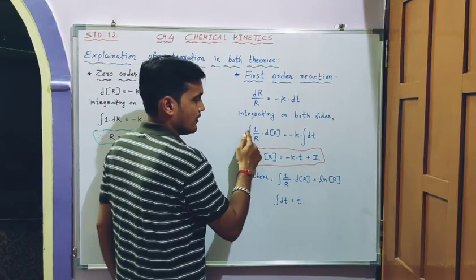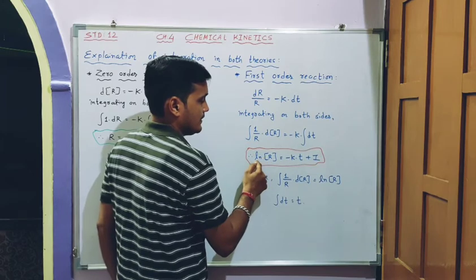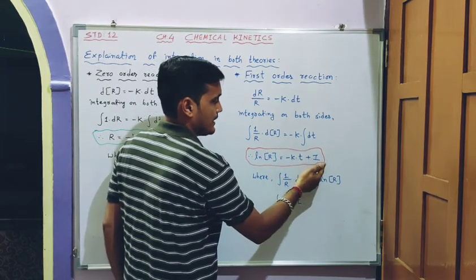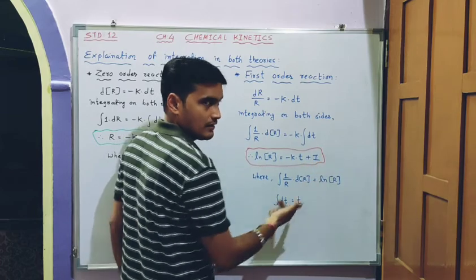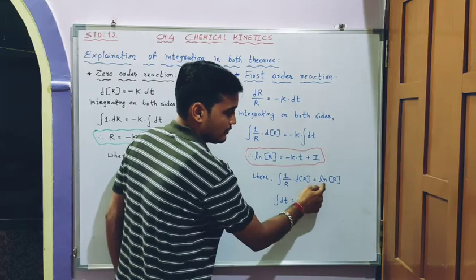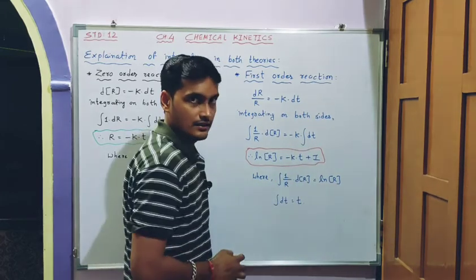So integration of 1 upon r into dr is ln r is equal to minus k into t plus I, and our I is again a constant, where integration of 1 upon r into dr is equal to ln r and integration of dt is taken as t.